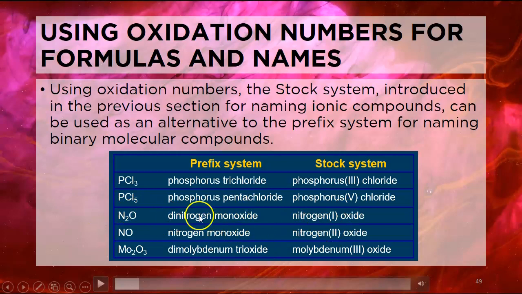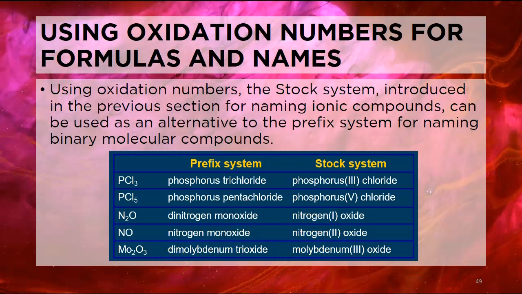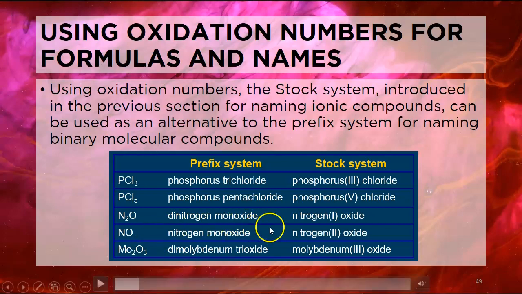N2O, oxygen's a -2, so I've got 2 +1s to balance it out. So that one's nitrogen 1, whereas this would have to be a +2 to balance out the -2, and we call it nitrogen 2. I always said molybdenum, but I heard it recently called molybdenum. But whatever way you say it, you see there's 3 oxygens, which makes a -6.